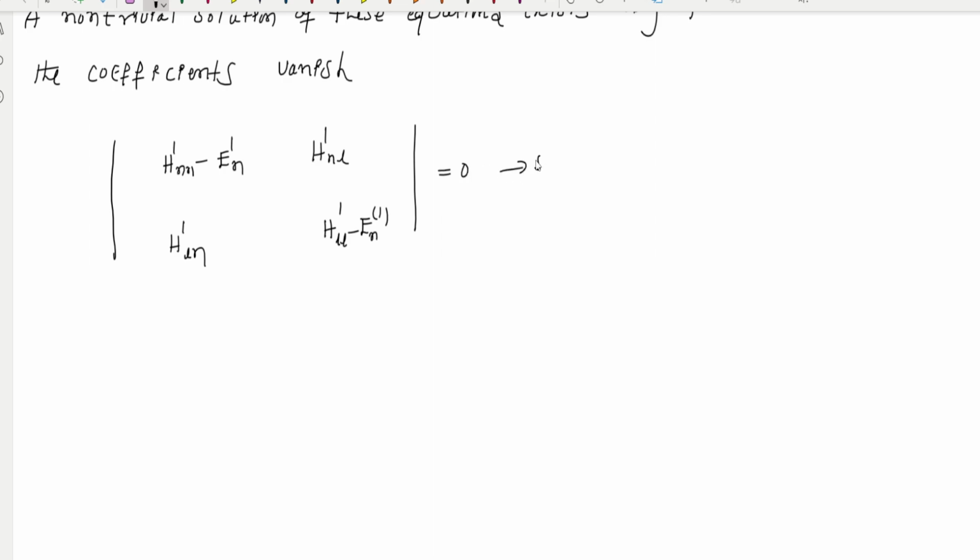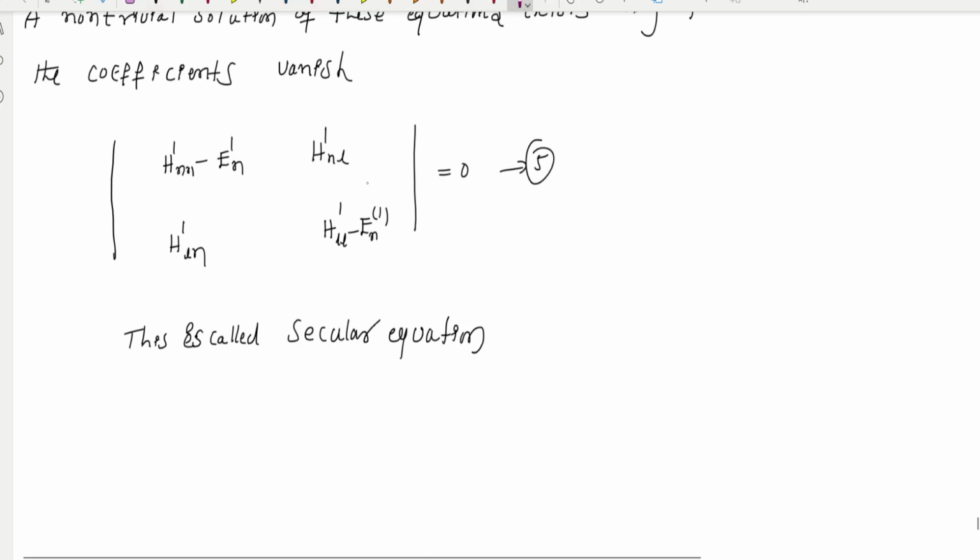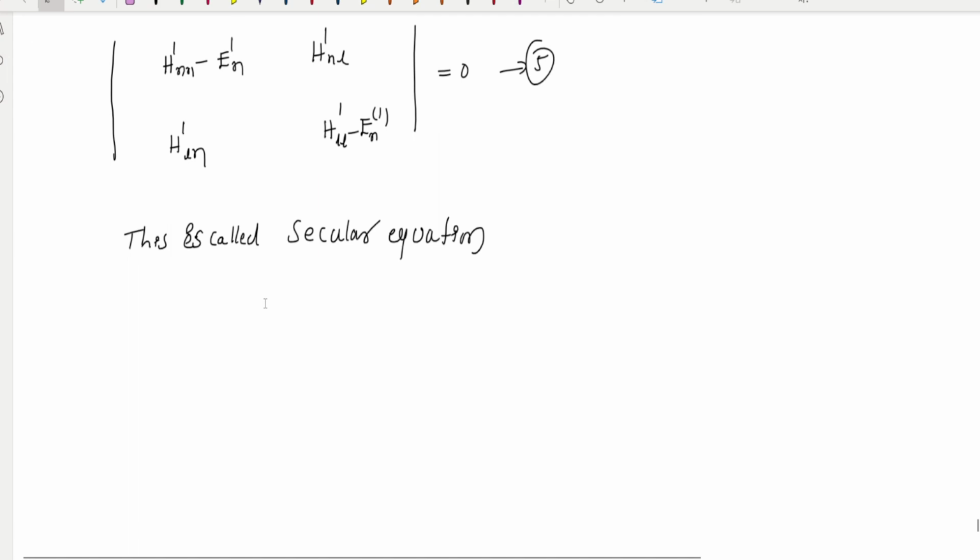This is equation number 5. This equation is called the secular equation. By using this equation number 5, these are very, very important steps.